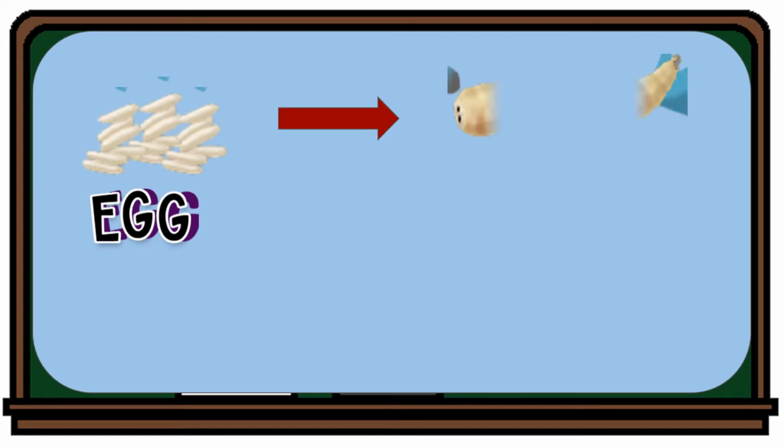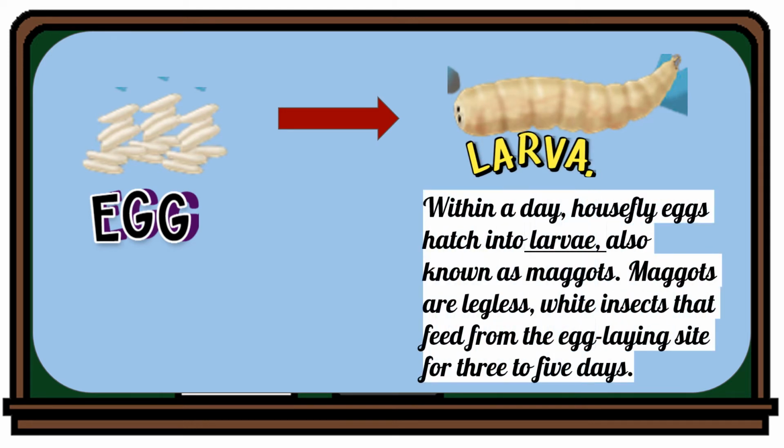The second stage in the life cycle of a housefly is the larva. Within a day, housefly eggs hatch into a larva, also known as maggots. Maggots are legless, white insects that feed from the egg-laying site for 3 to 5 days.